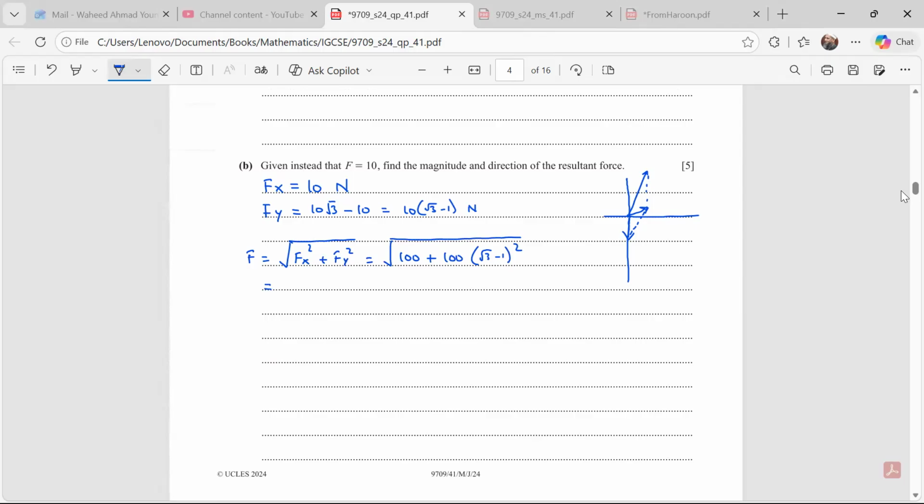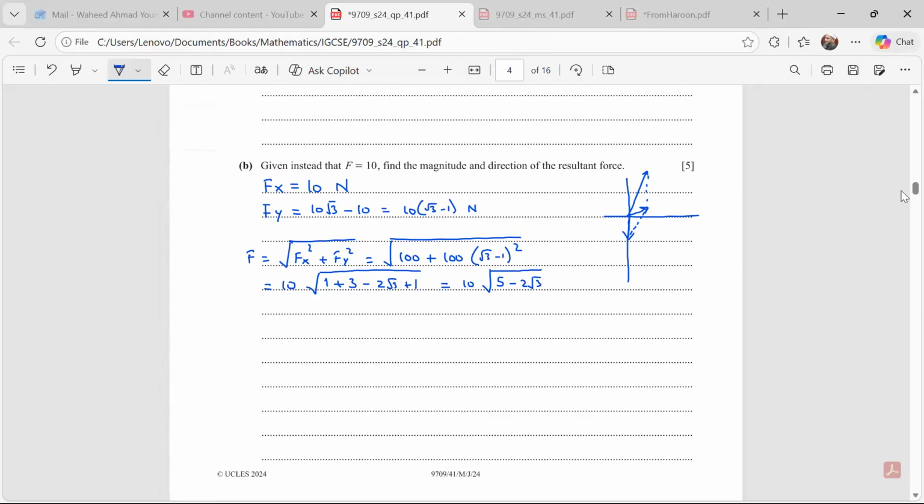If I simplify, the 10 will be outside and inside I will have 1 plus the square of this: 3 minus 2 root 3 plus 1. When I use the formula (a plus b) whole square and expand it, it becomes like this. So it is 10 times the square root of (3 plus 1 plus 1), 5 minus 2 root 3.